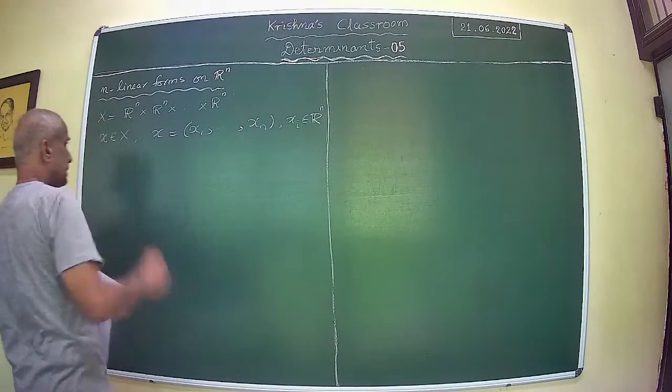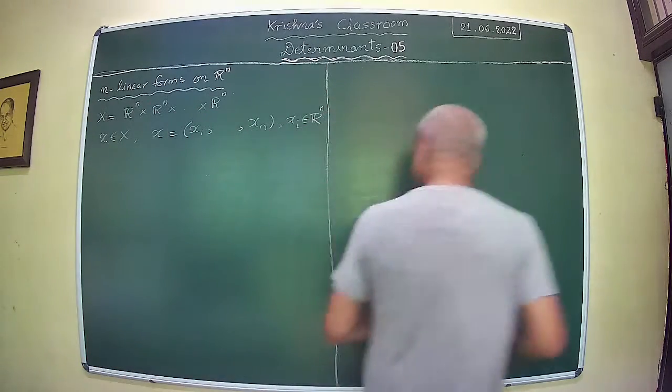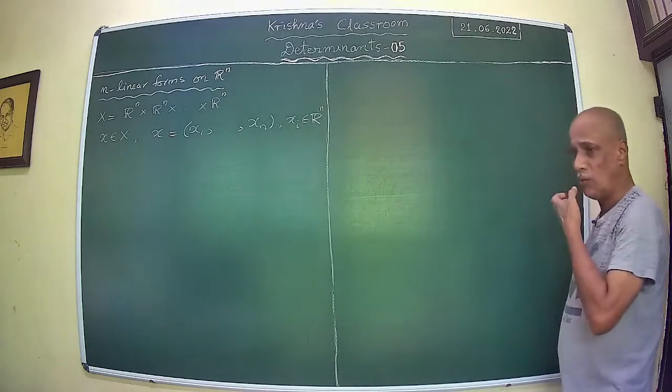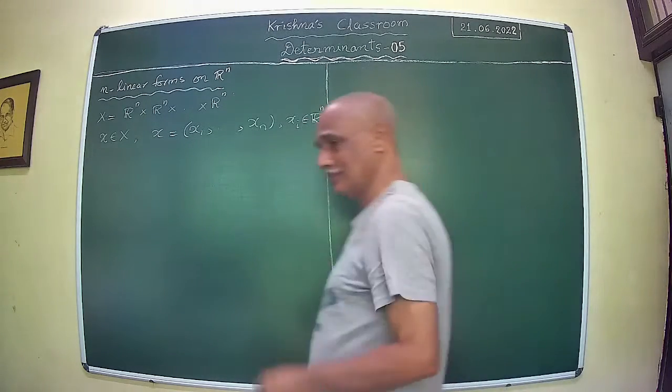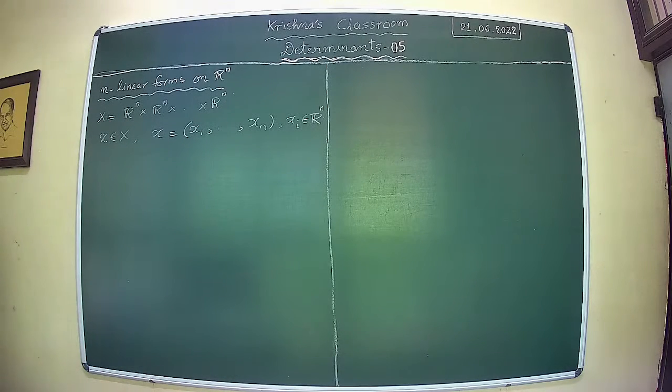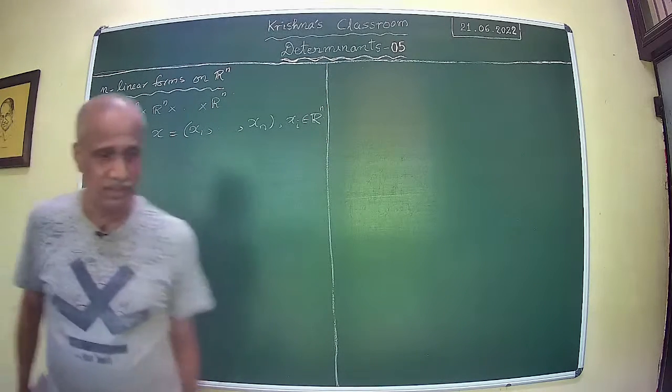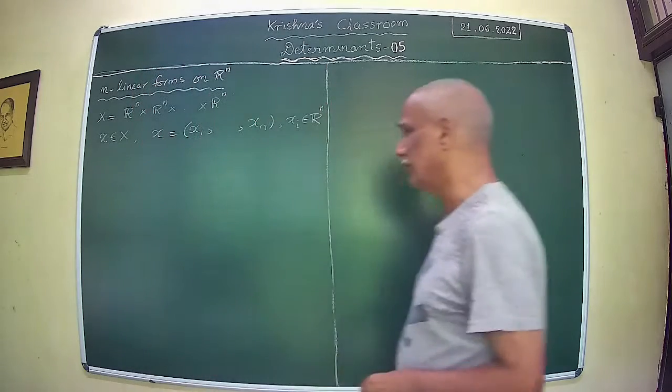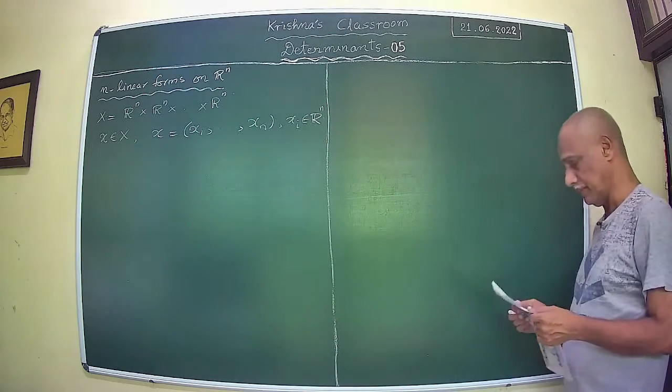Of course, it has the usual structure of adding component wise and scalar multiplying component wise and so on, and you can attribute some linear space structure for this, but that is not too relevant for us.